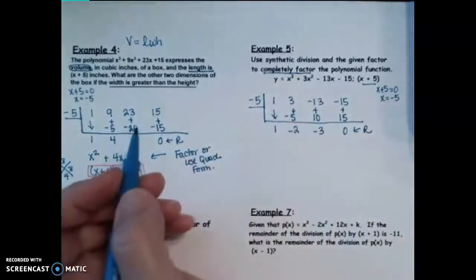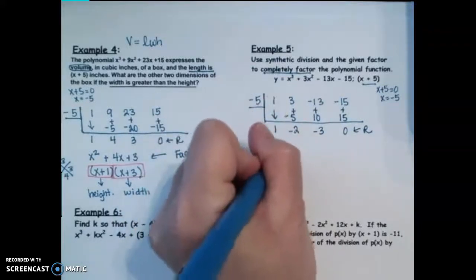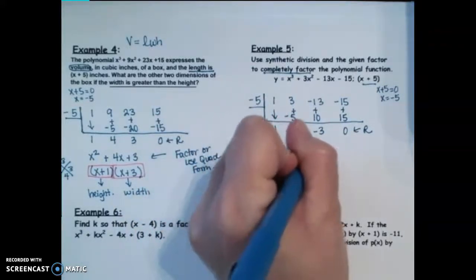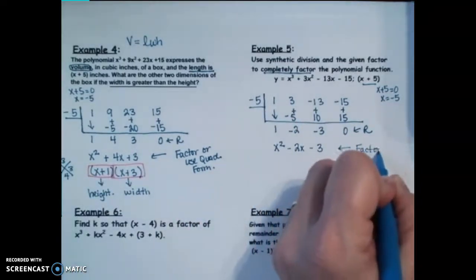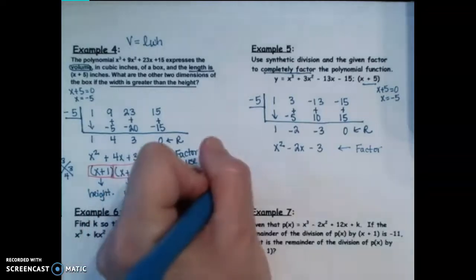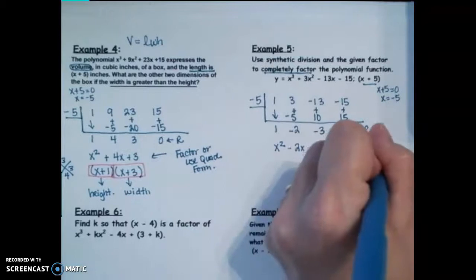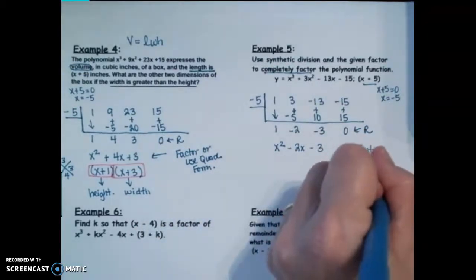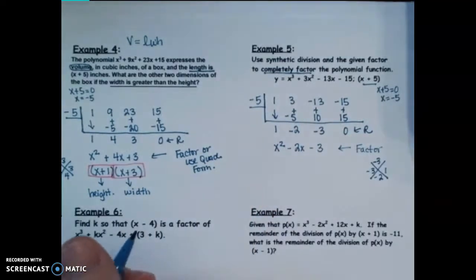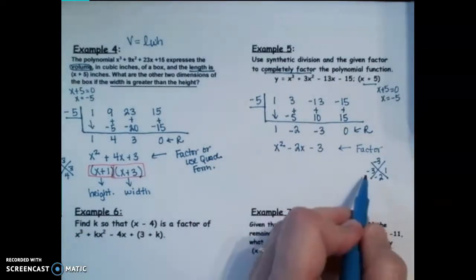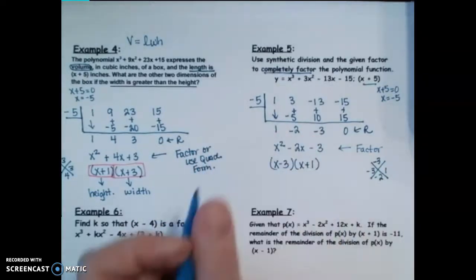Completely factor your polynomial. If this is x to the third, your quotient is going to be x squared minus 2x minus 3, and then we're going to factor. Again, I'm going to see if I can do AC with this. 1 times -3 is -3. I need factors to add to -2. So -3 and +1 would be my factors. A is 1, I can do my shortcut, so that's going to be x minus 3, x plus 1.